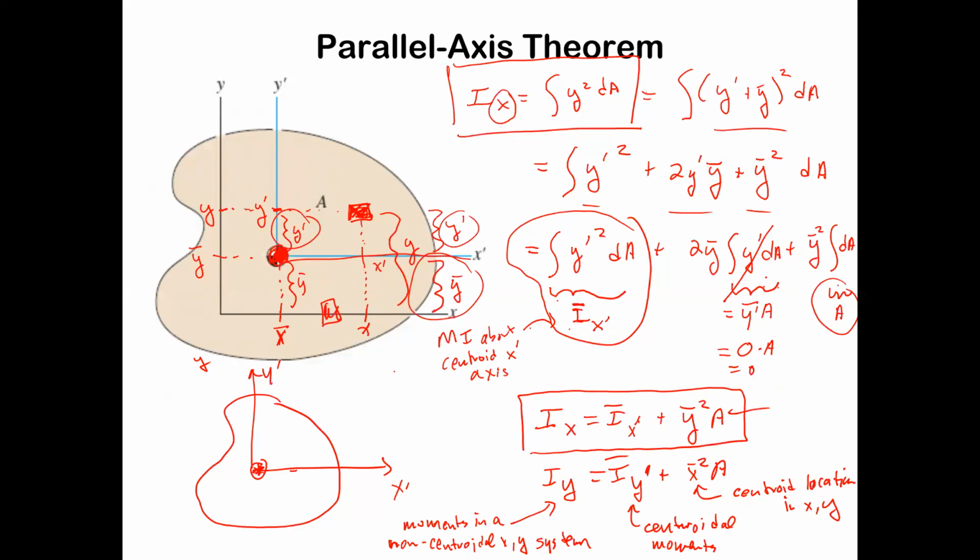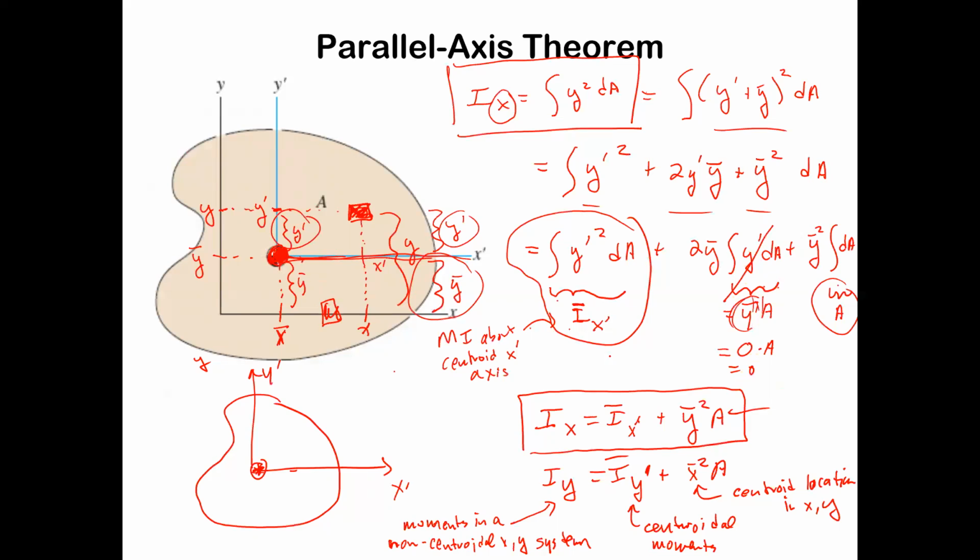There is no net. Or you can think of it this way: if the x prime axis is going through the centroid of the body, the distance between the x prime axis and the centroid of the body is 0 because it's going right through it. So we can put a 0 for y prime bar, which is what this thing is. And that means this whole thing goes to 0.